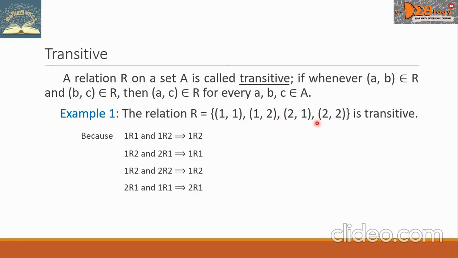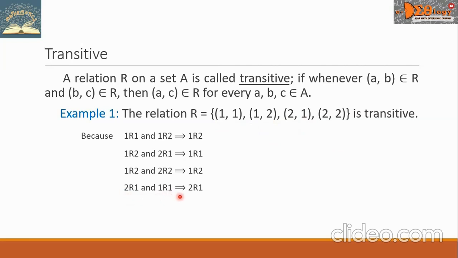Next is the ordered pair (2, 1), and we write 2 R 1. This will be connected to two ordered pairs. Let us connect first with (1, 1). So we see 2 R 1 and 1 R 1.